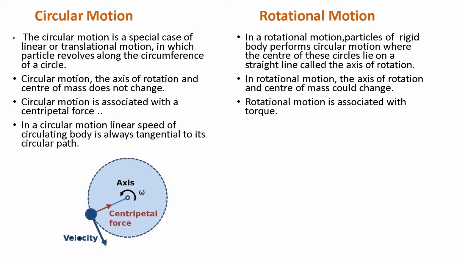In a circular motion, the linear velocity of a circulating body is always tangential to its circular path. You see the diagram. The vector acting towards the center is the centripetal force vector, and the velocity tangential to this circular path is the linear velocity of the particle, and this linear velocity vector and the centripetal force are perpendicular to each other.